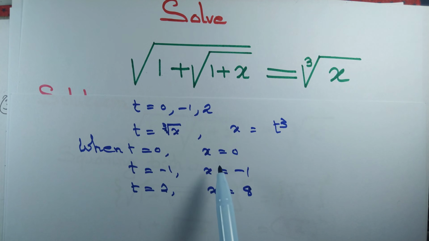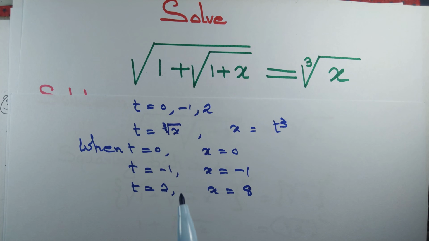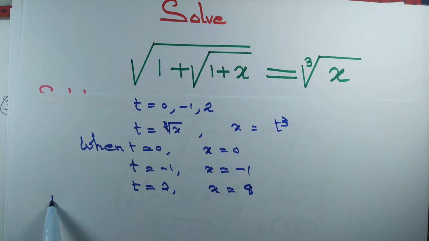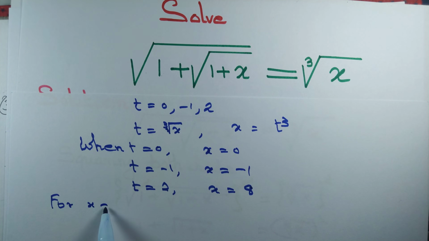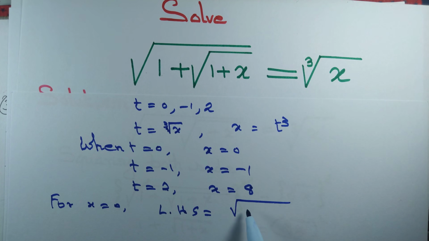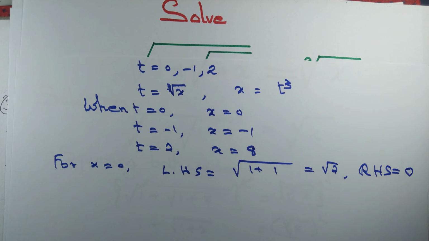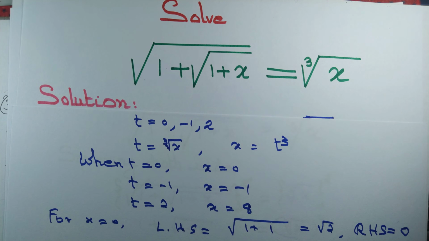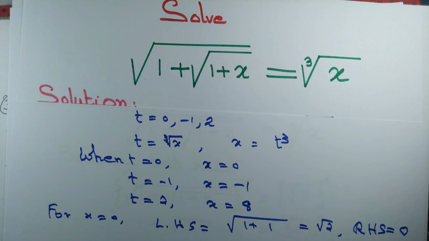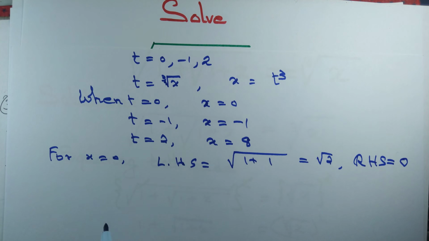Now let's see whether those values are satisfied by this equation or not. For x equal to 0, left hand side equal to square root of 1 plus 1, that's root 2. What about right hand side? Cube root of 0 is 0. So x equal to 0 is not a solution. What about x equal to minus 1?